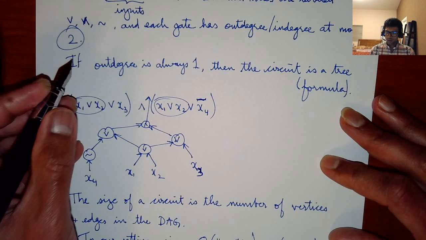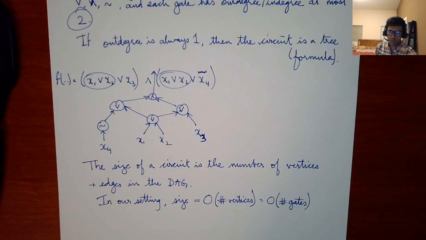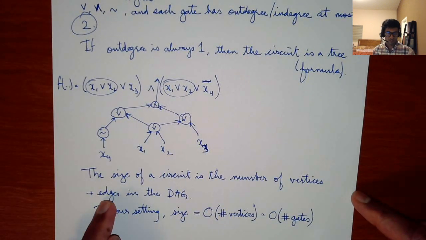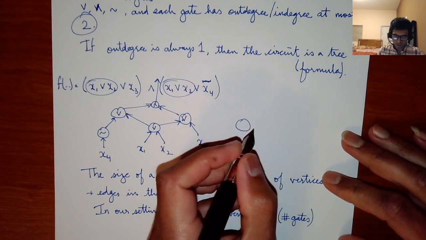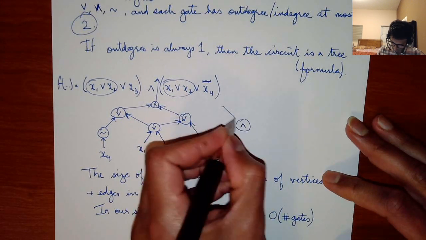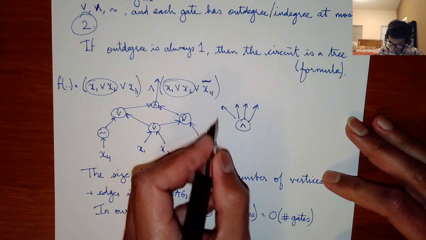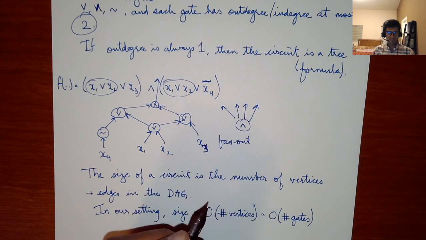Now you might say, well, out degree of 2, you could have an out degree which is much more than 2. It doesn't seem to make much of a difference. And if you think about it, by increasing the out degree, you do increase the size because you count the number of edges. And what you can observe is, and that is often called the fan out. The degrees are often called fan in and fan out.